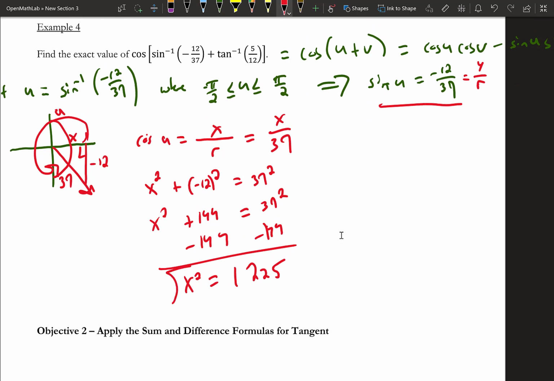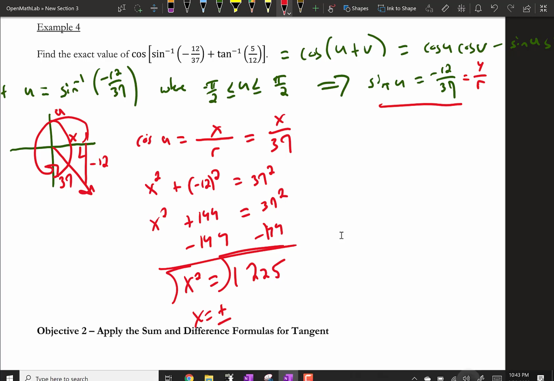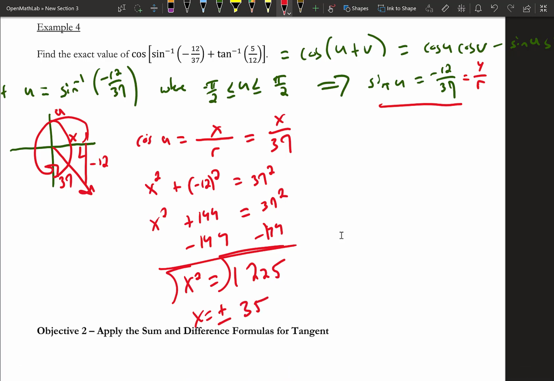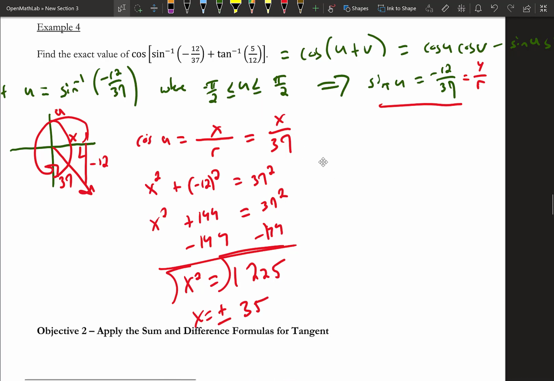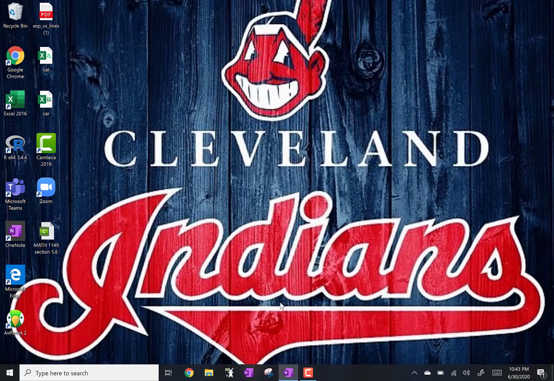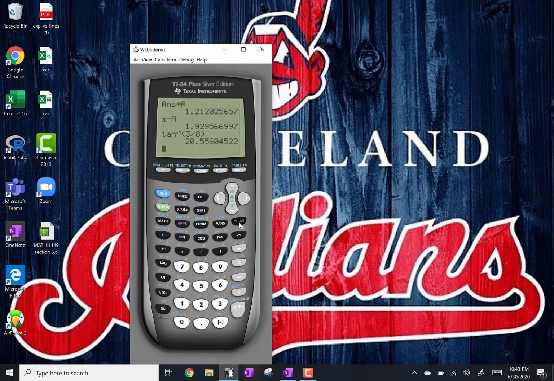So if I take the square root of both sides, you get x equals plus minus 35, I believe, right? So you can just double check. If you open up your calculator, we want to do 37 squared minus 12 squared. Yep. So take the square root of that answer, and we get 35, right?